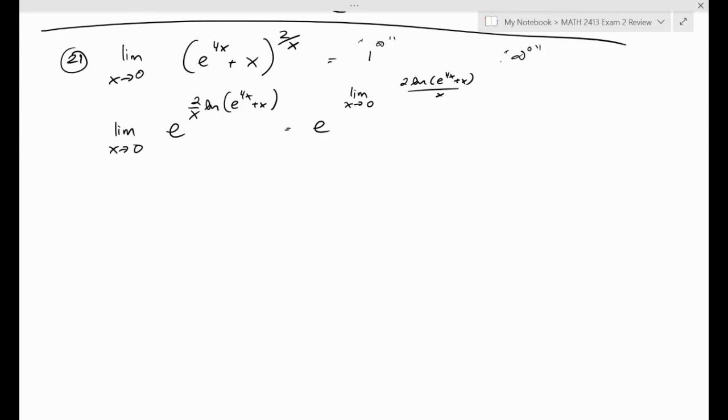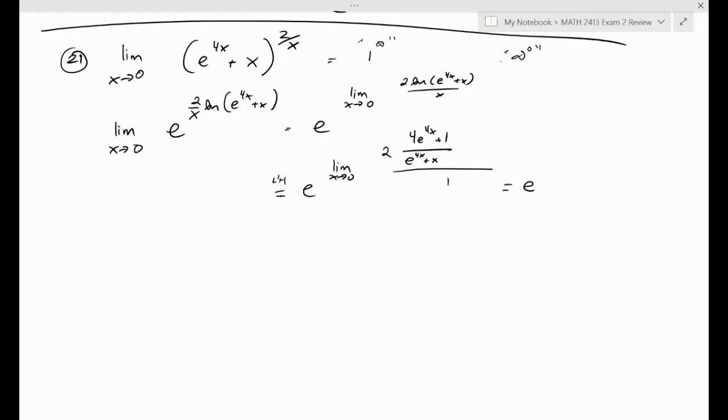You get 0 over 0 in the exponent, so use L'Hopital's. Not too much fun. And then the derivative of the denominator is 1. So is that good enough? Do we get 5 over 1? Yeah, that's good enough.